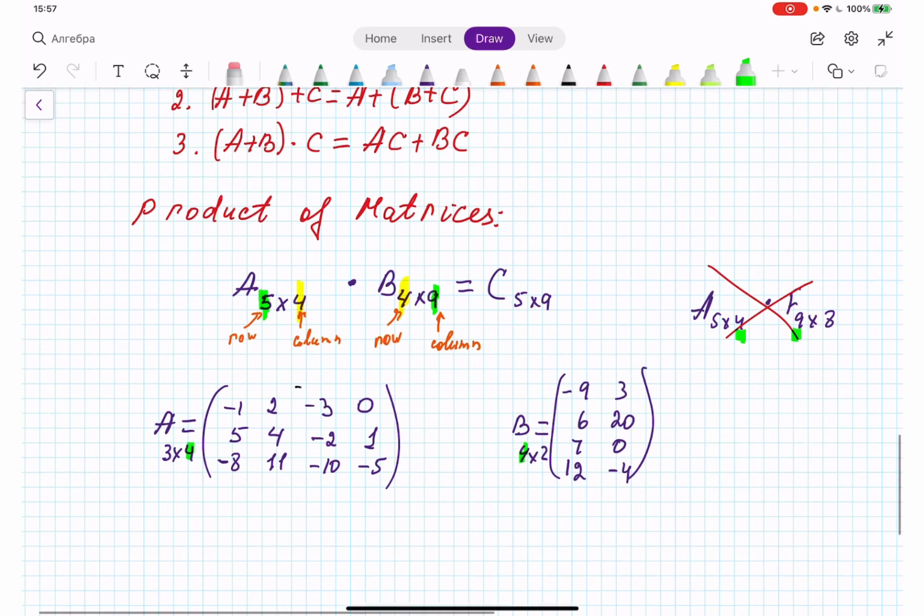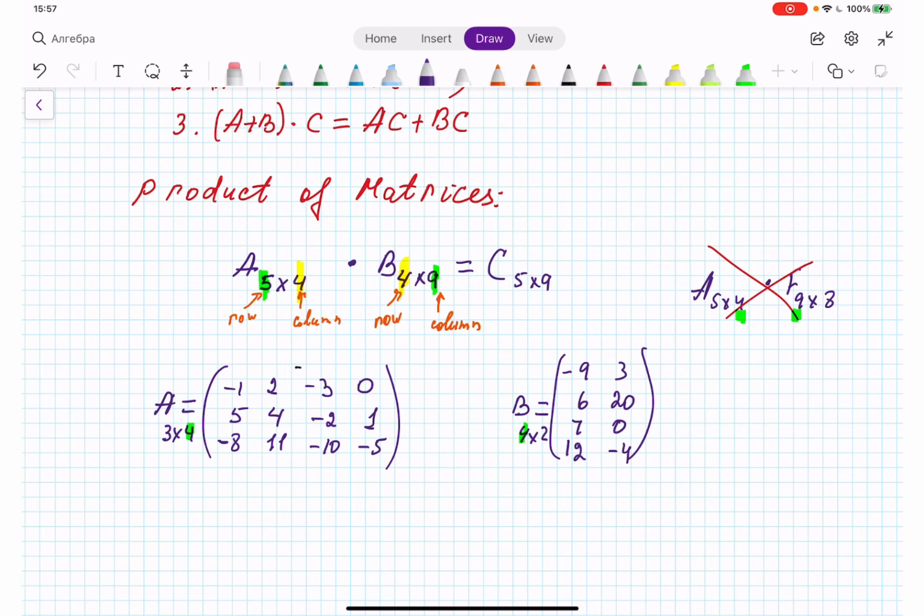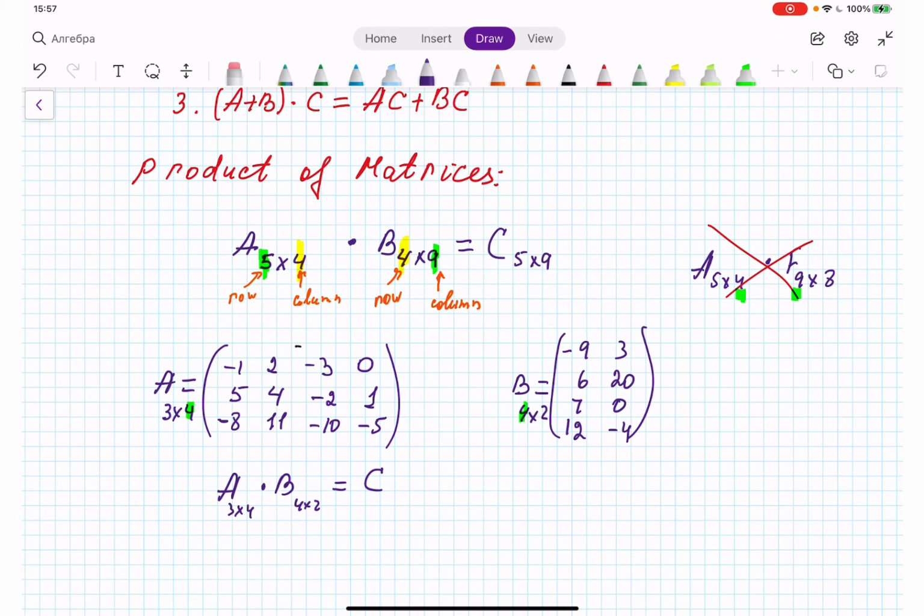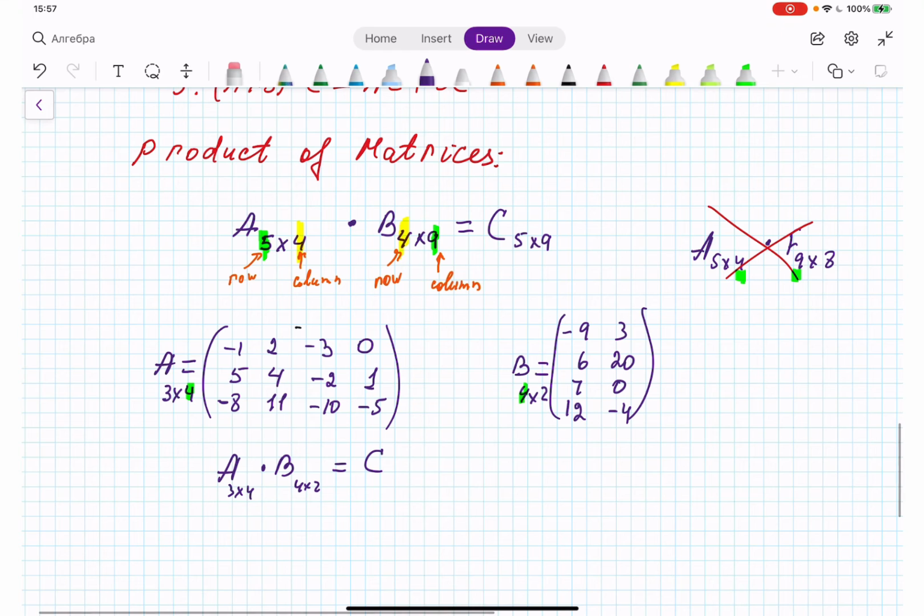That means A times B, this is 3 times 4, this is 4 times 2, is going to be equal to C, with the size 3 times 2, right? Okay, so we learned all of it.